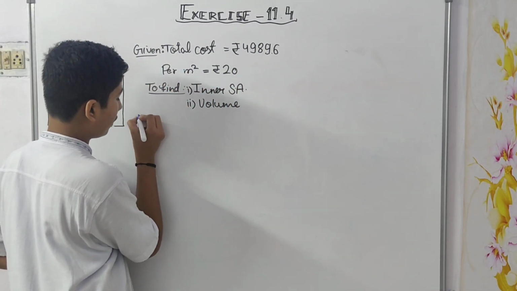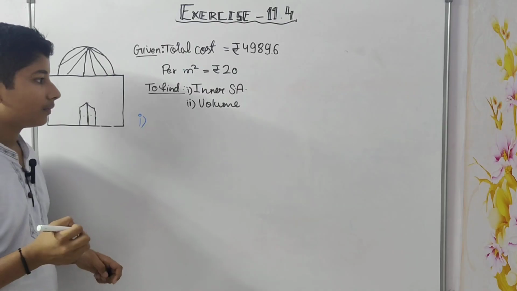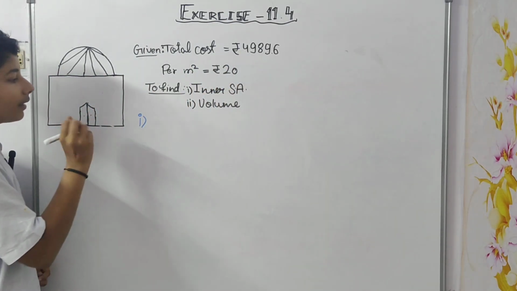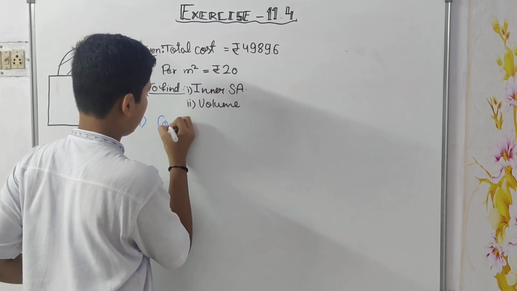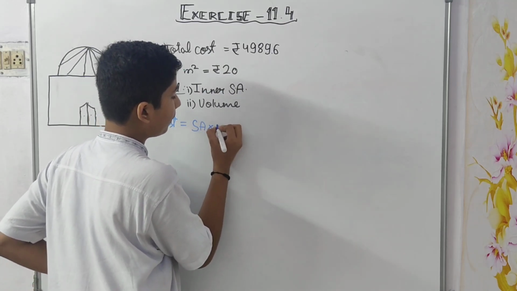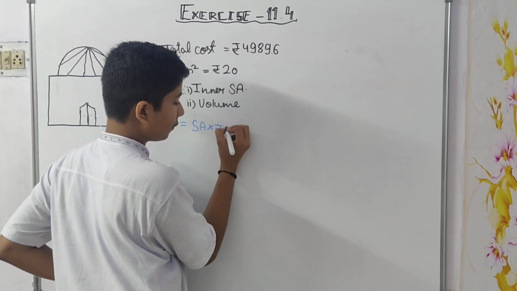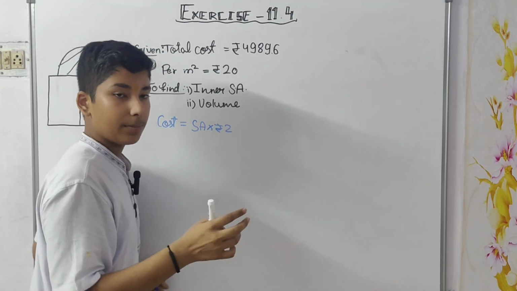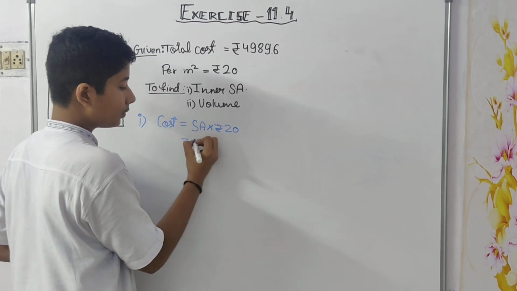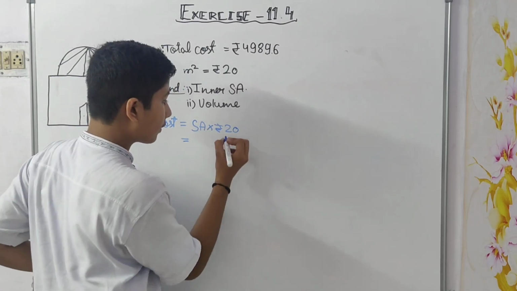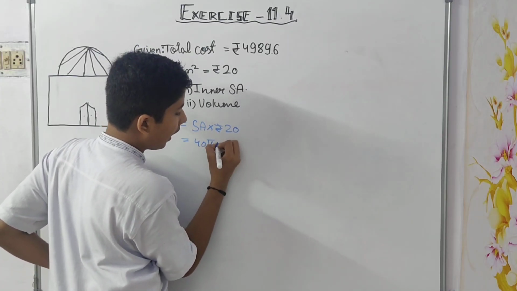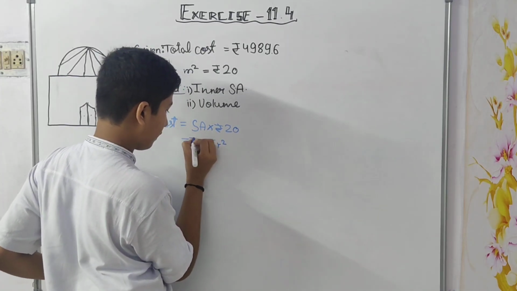In the first part, cost equals surface area multiplied by rupees 20, because surface area will be in meter square and per meter square is 20. Surface area is 2 pi r square, so 2 into 20 means 40 pi r square rupees.